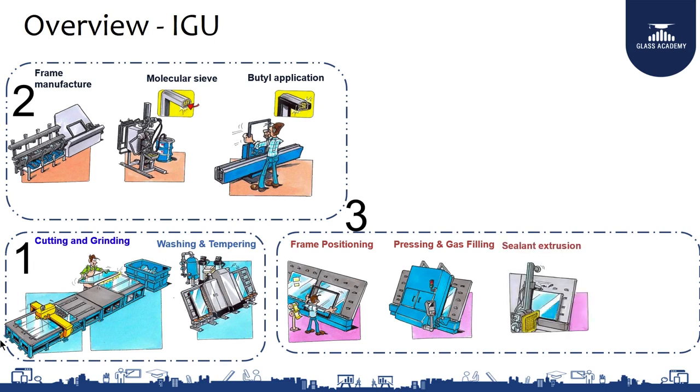Next is sealant extrusion. Most of the people are doing it manually, but we would advise you to go for the robotic sealant, so that you don't have a sagging effect. One more thing: the secondary silicon operation should be done in the vertical position rather than the horizontal, because in the horizontal, based on the self weight of the glass, when one glass is kept and another glass is kept, if the length or width is higher than 2 meters, 2.5 meters, the center portion will have a sagging effect.